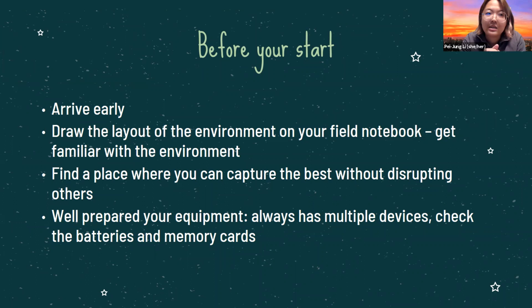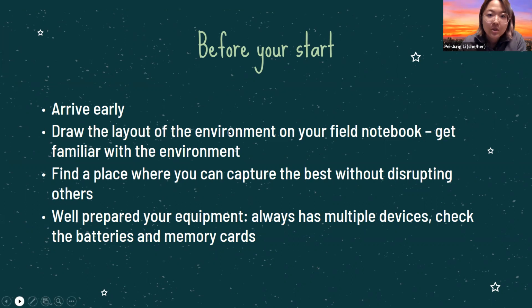In this case, if your audio recorder happens to run out, you still have a backup. You also want to check the batteries and memory cards. That is why arriving early is important, because you have the time to set up all your equipment and check that things are working perfectly.